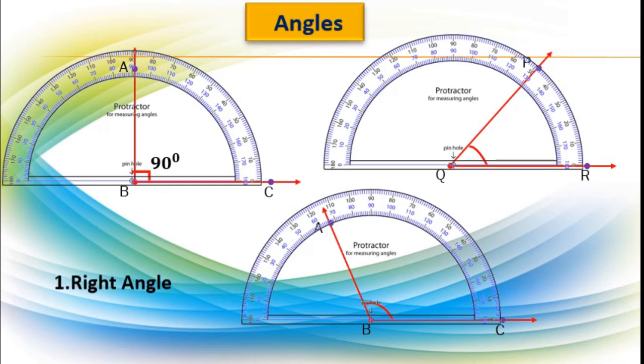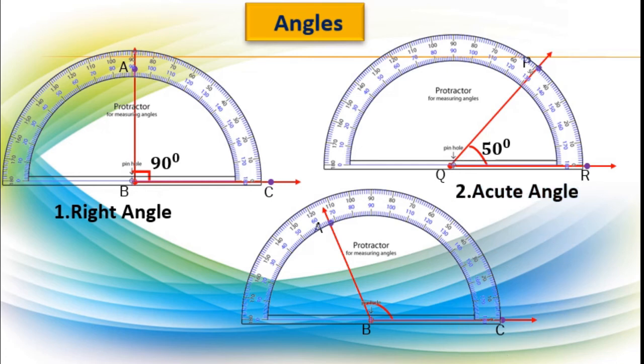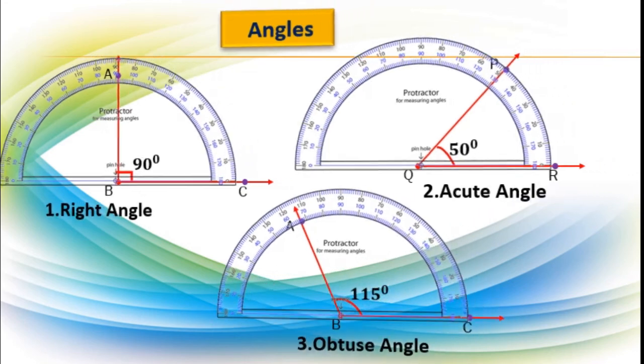Yes, very good. That is a right angle. The second one is a 50 degree angle, so it is, yes, correct, an acute angle. The last one shows 115 degrees. So it is an obtuse angle. Got this? Okay. Now we'll move further.